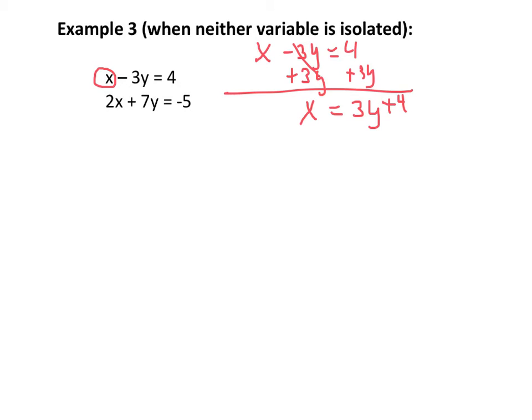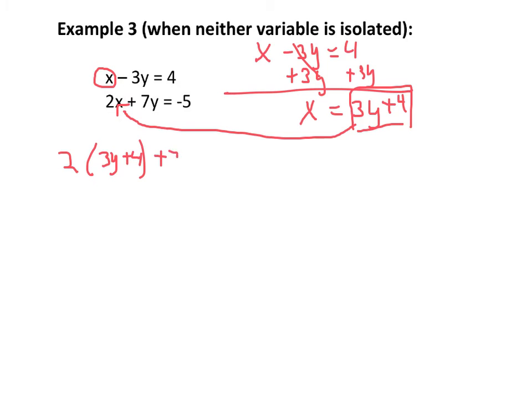So now I've isolated x. Now I'm going to take this isolated x, this 3y plus 4, and substitute it into the other equation where the x is. So I would do 2 times x, and x is 3y plus 4, and then I finish my equation, plus 7y equals negative 5.